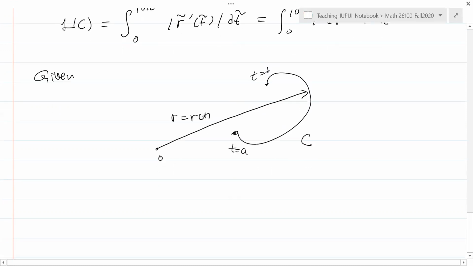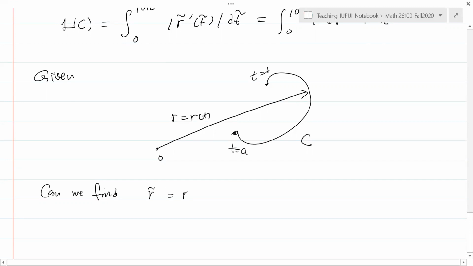But in general, the tangent vector does not have unit length. Can we find another parametrization for the same curve?